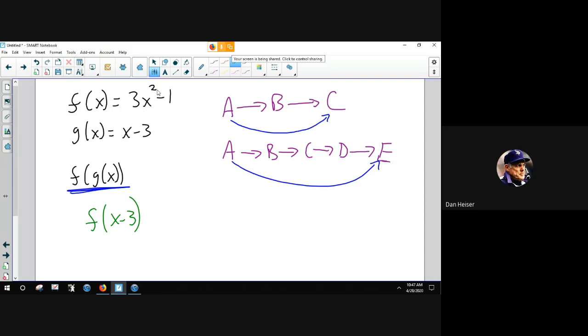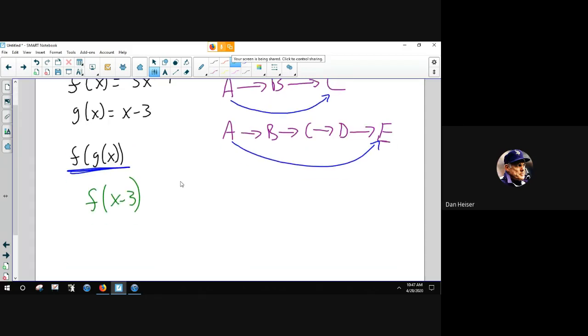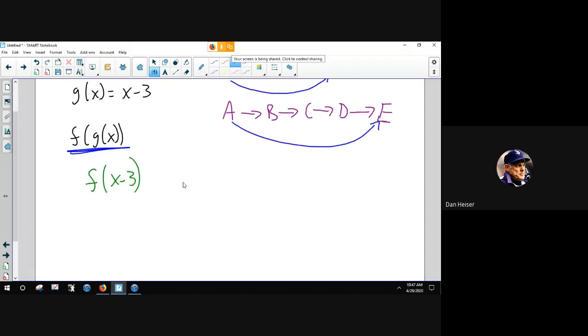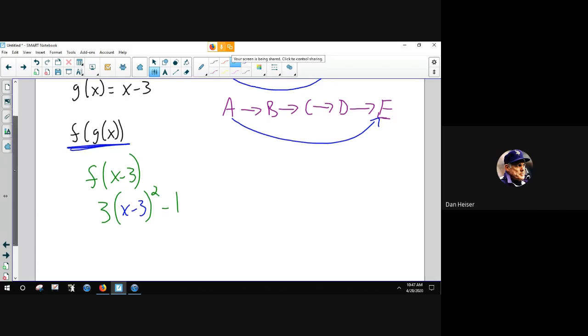It gets squared, it gets tripled, and then 1 is subtracted from it. So the rule for f is 3x squared minus 1. Whatever's inside the parentheses goes here. It's squared, and 1 is subtracted. And yes, you need to take this all the way to the end. You are not done here.